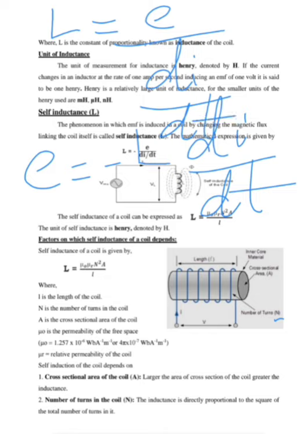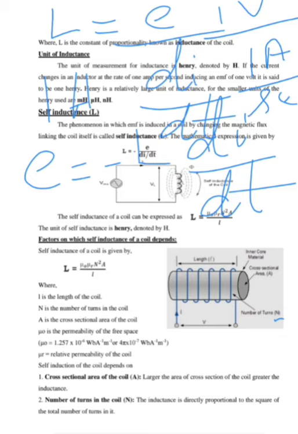If I neglect the negative symbol, then L will be equal to 1 Henry if the EMF generated is equal to 1 volt, and the current changing through an inductor is at a rate of 1 ampere per second.